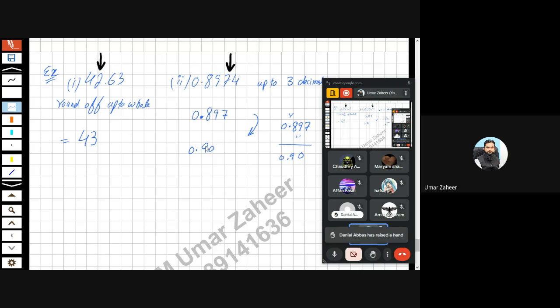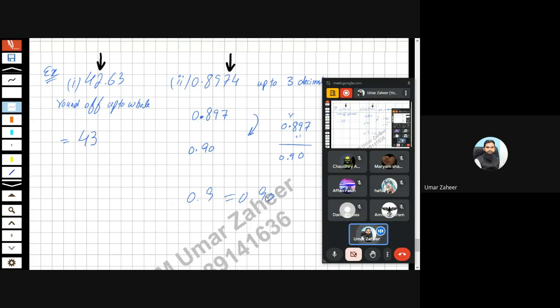Yes, Daniel? Sir, is it important adding the zero after the point? Like, can't we write 0.9 instead of 0.90? If for example, in the question he says that you have to write your answer to 2 decimal places, then it is important. Practically, there is no difference between 0.9 and 0.90. Both are exactly the same mathematically.